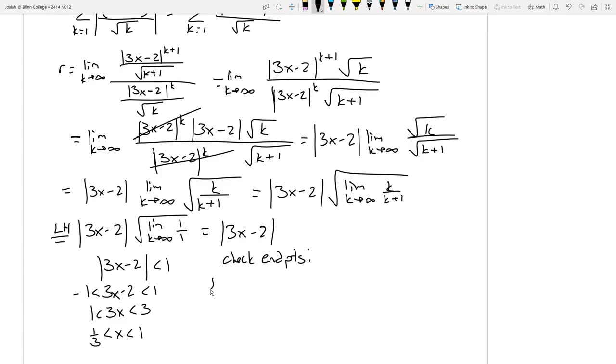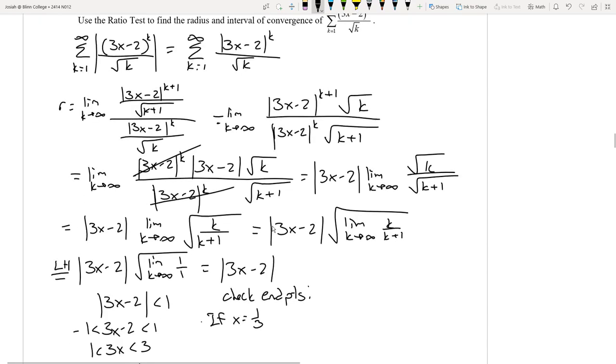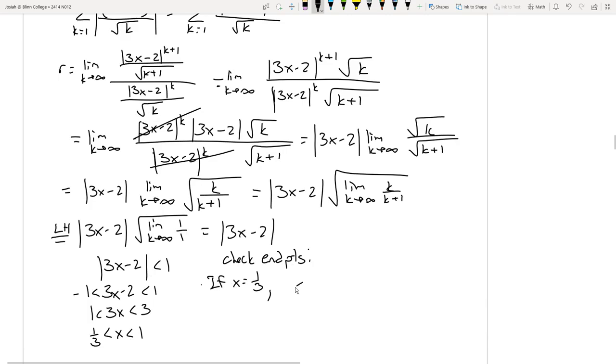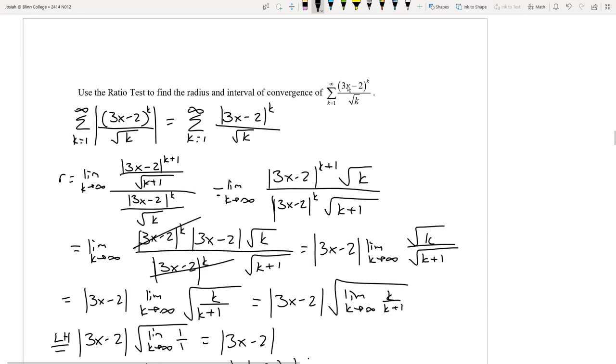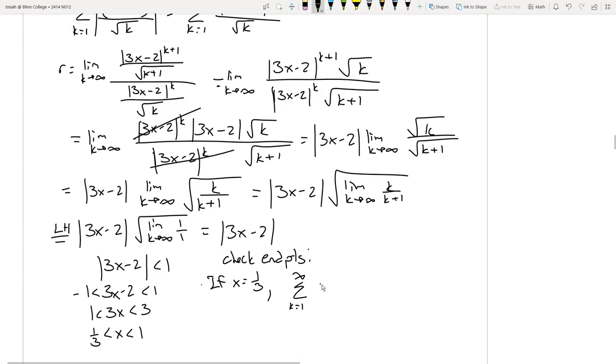Firstly, if x equals 1/3, we'll go ahead back up to our series up here. 1/3 times 3, we get 1. So we've got k equals 1 to infinity. And we've got 1/3 times 3 is 1, minus 2 is negative 1 to the k over root k.